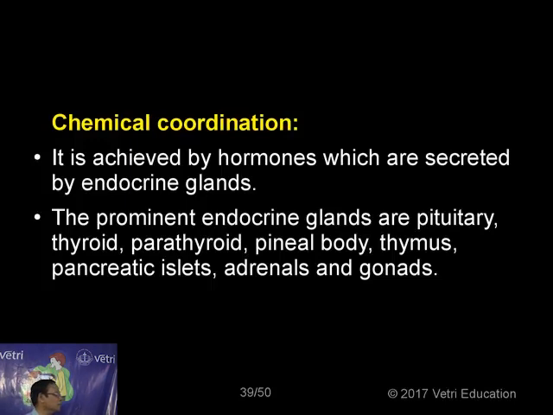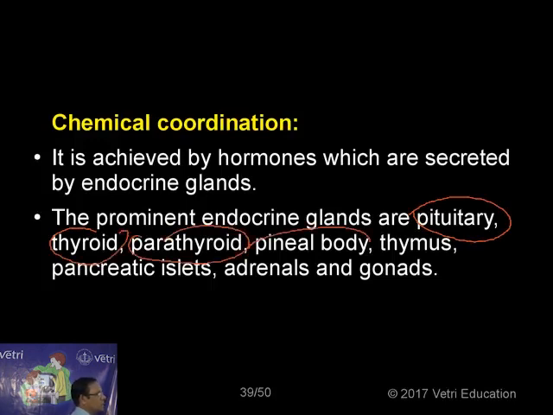As in human beings, we have a number of endocrine glands in the frog too. The prominent endocrine glands are the pituitary gland, thyroid gland, parathyroid gland, the pineal gland present in the brain, thymus concerned with immunity, pancreatic islets, islets of Langerhans, adrenals and gonads.